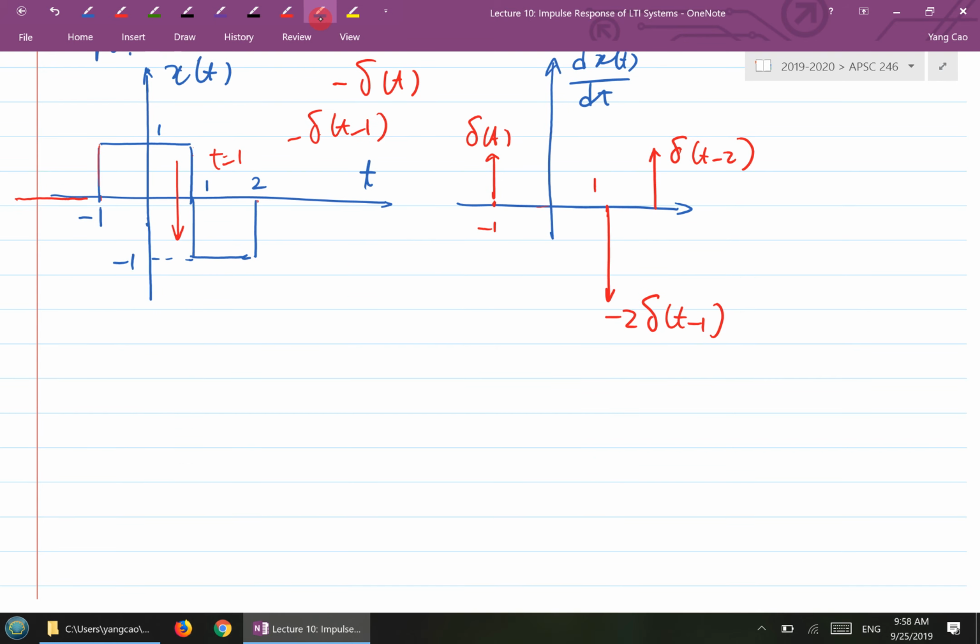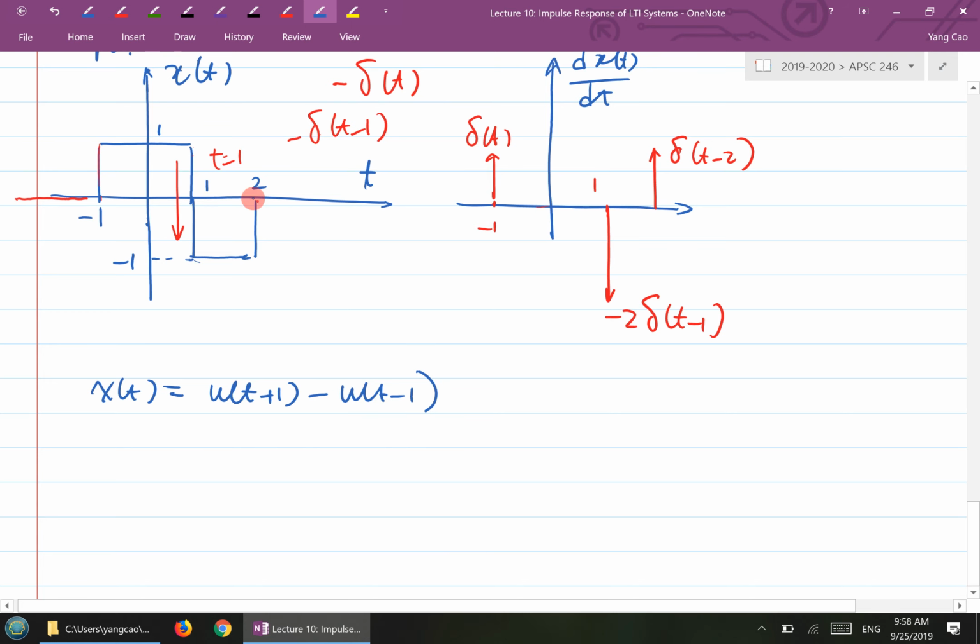If you want, you can also derive it mathematically. So this is x of t. I can express x of t with unit step functions. The top box right here is basically u of t plus 1 minus u of t minus 1.